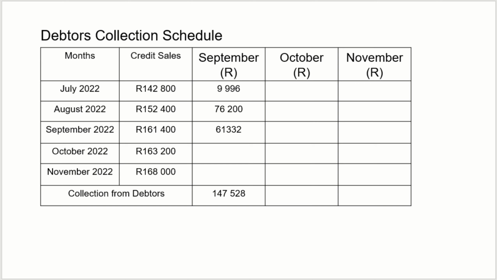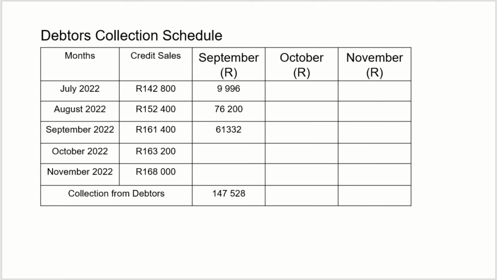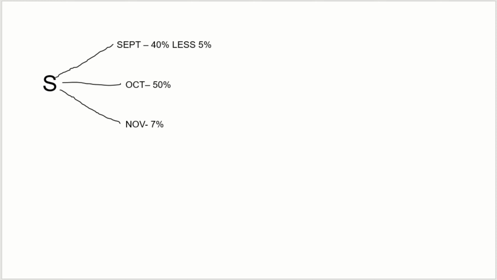Moving right along. So on the month of October, we're supposed to calculate 50% of the credit sales of the month of September. So we're going to take the credit sales from the month of September as 161,400 rands, and we're just going to multiply that by 50%.